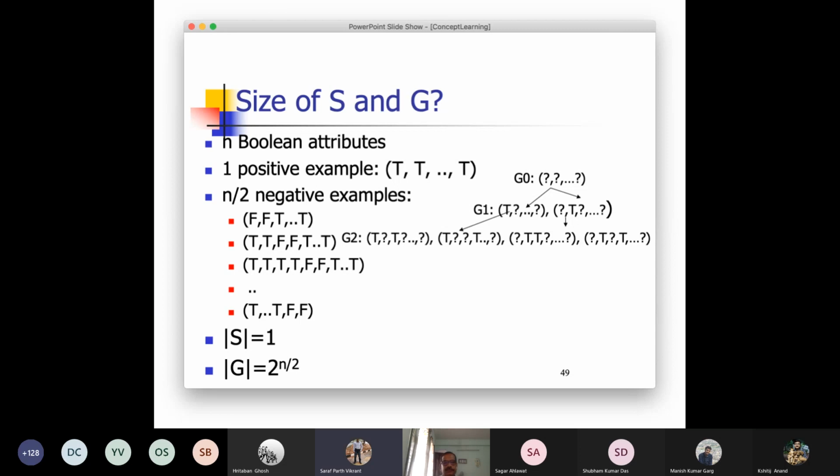So what would happen if only one is false? The size will remain the same, right? It will be accepted. If only one is false, it will be accepted. These are the only negative examples that need to be rejected by everyone. Okay, got it.